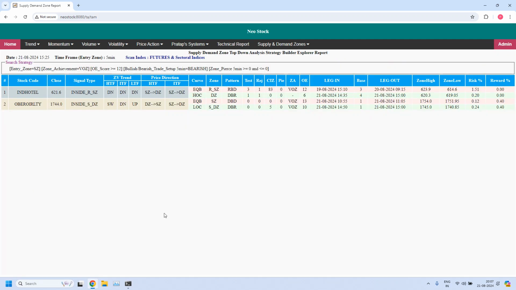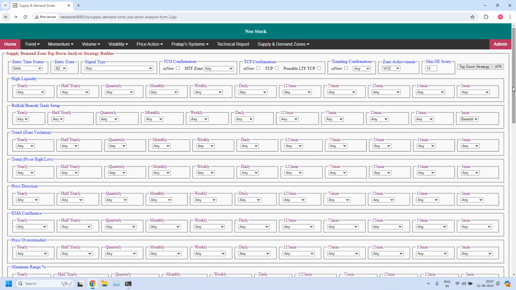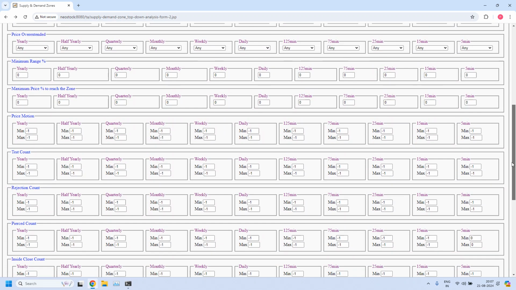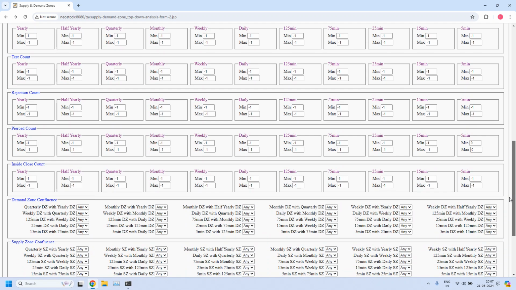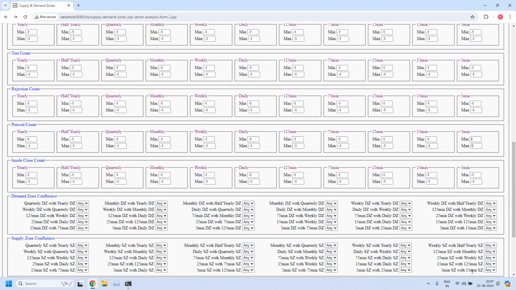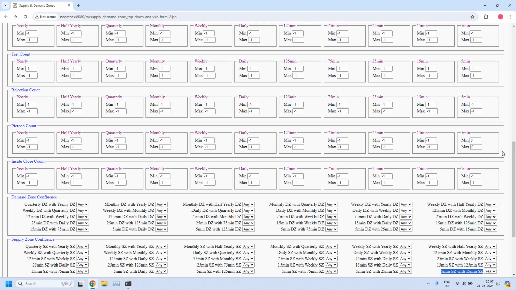Now let's filter. So currently only 2 stocks are supporting bearish trade setup for hourly income trade. Now let's verify how many of these stocks are having confluence with ITF time frame. So 5 minutes supply with 15, ITF confluence, sorry. So this is the 5 minute supply zone with the 15 minute supply zone enabled.